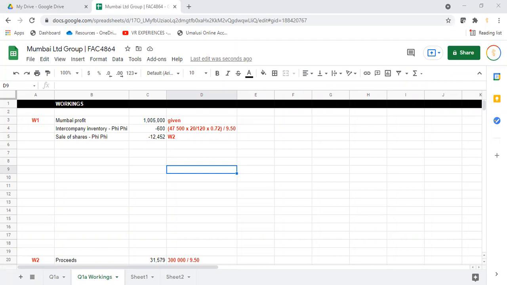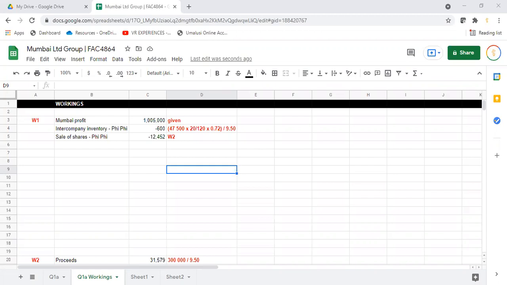The last paragraph has to do with other comprehensive income, but we're busy with profit or loss. So under New Delhi, there are intercompany transactions, but they impact New Delhi's profit or loss. We will deal with that just now. We're still focusing on Mumbai's profit or loss.